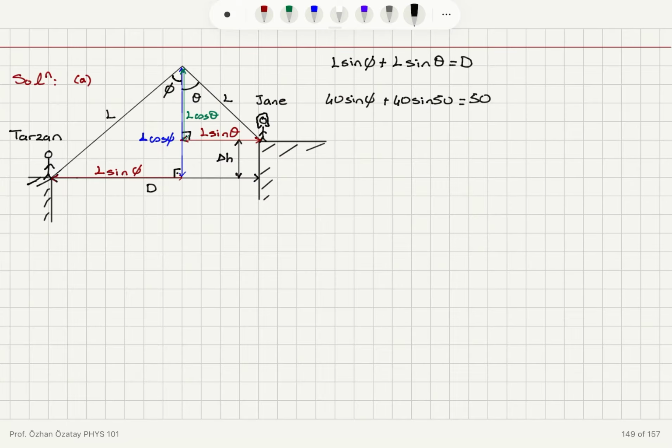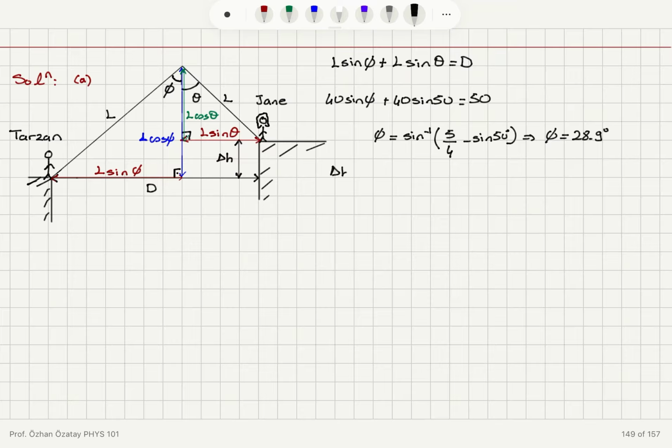So we find that phi must be equal to sine inverse, or arc sine, of 50 divided by 40, which is 5/4, minus sine 50 degrees. And you can see that this is 28.9 degrees.